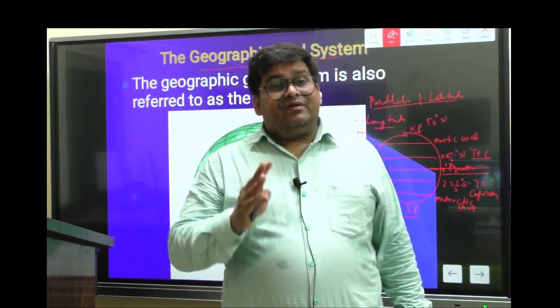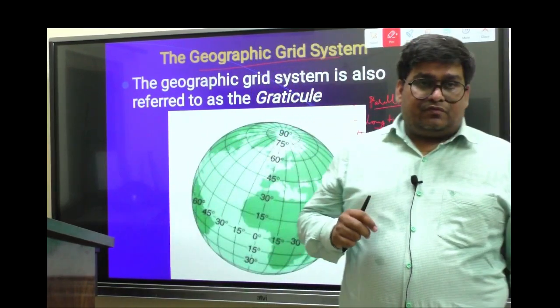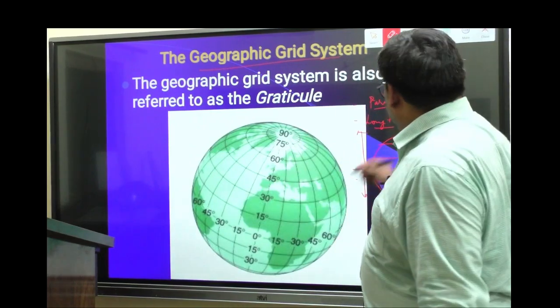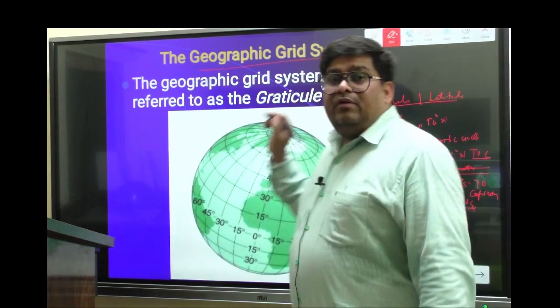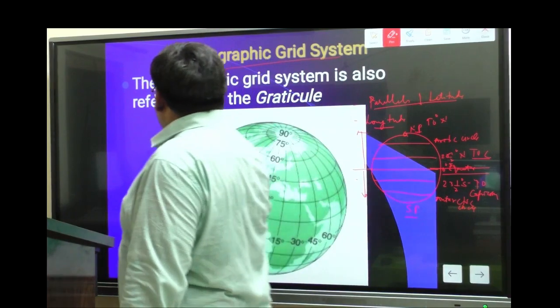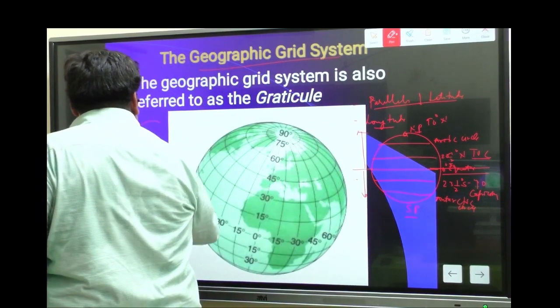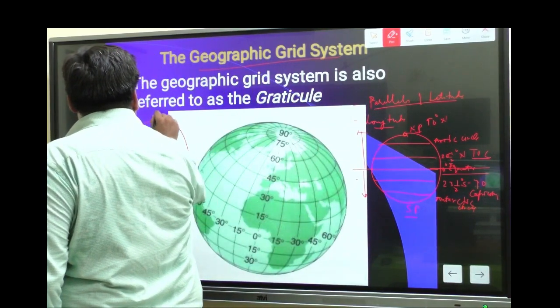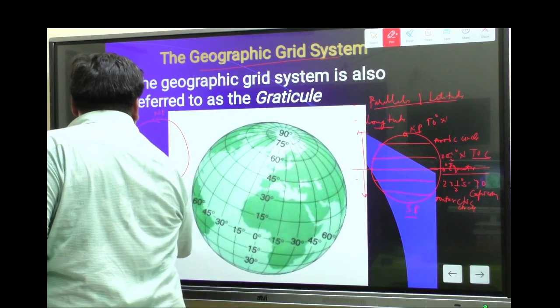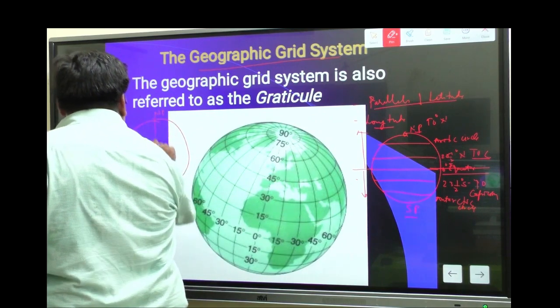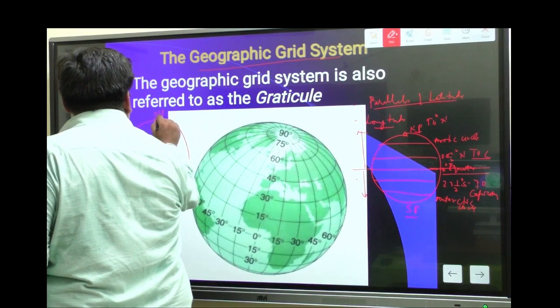They never intersect each other first of all, but they have a common point of origin. Let's say this is the northern pole and this is the southern pole. This is the prime meridian, that is 0 degree.